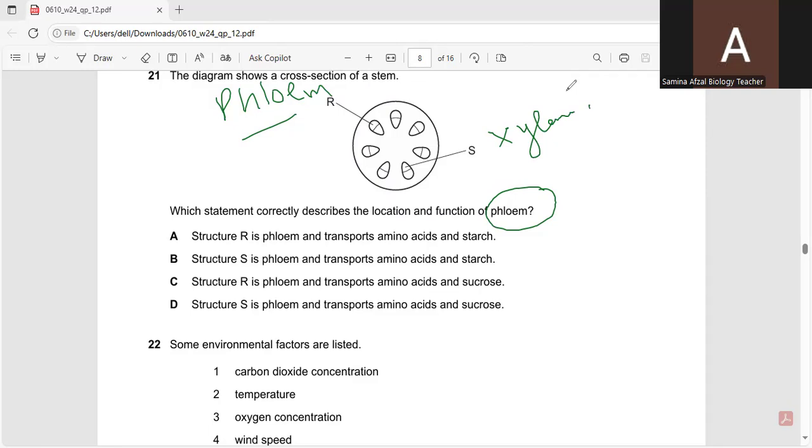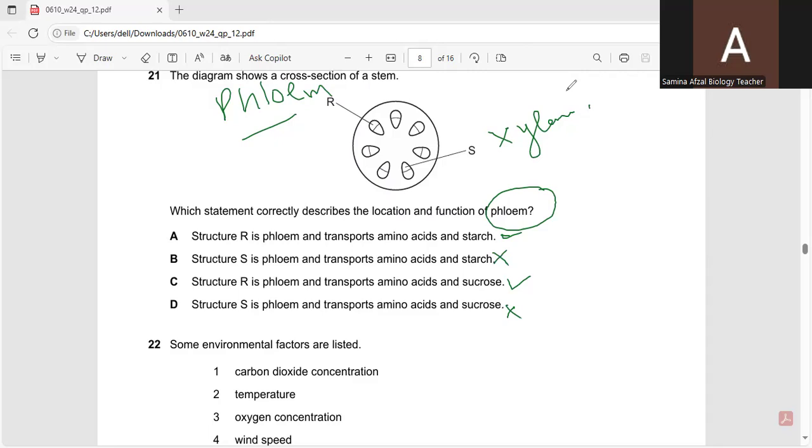So here R is phloem, so A and C can be the correct options. B and D are not correct because they have written that structure S is phloem, while S is xylem and R is phloem. So in options A and C, they have told us that the phloem is R.